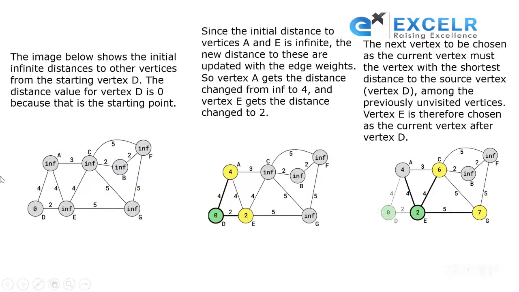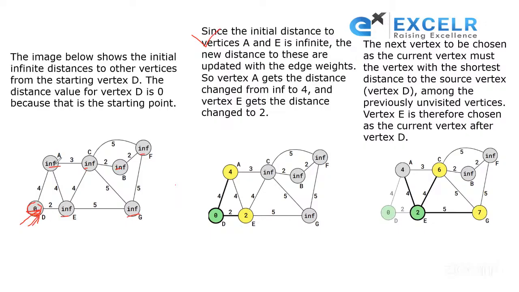Okay. See here. Initially, as I explained, I have set the distance for D to 0, right? And for all other vertices I have set it as infinite, because we have not calculated it yet. Now in the second step, I have to check what are the vertices connected to this initial source vertex.